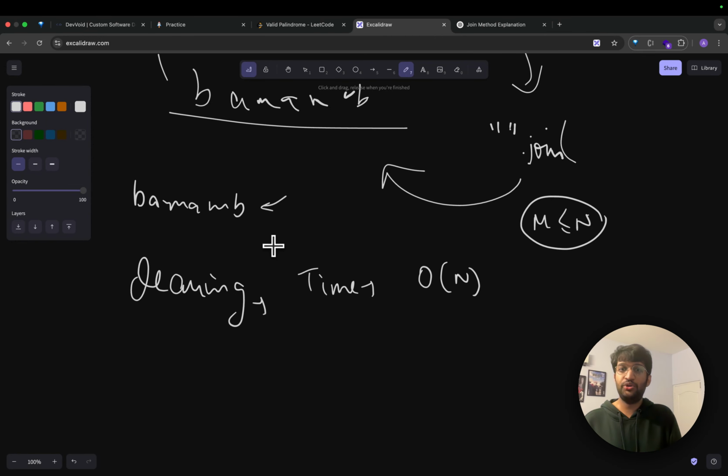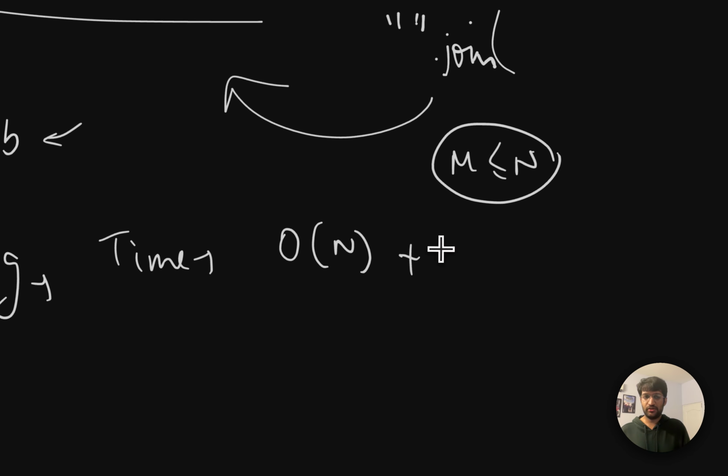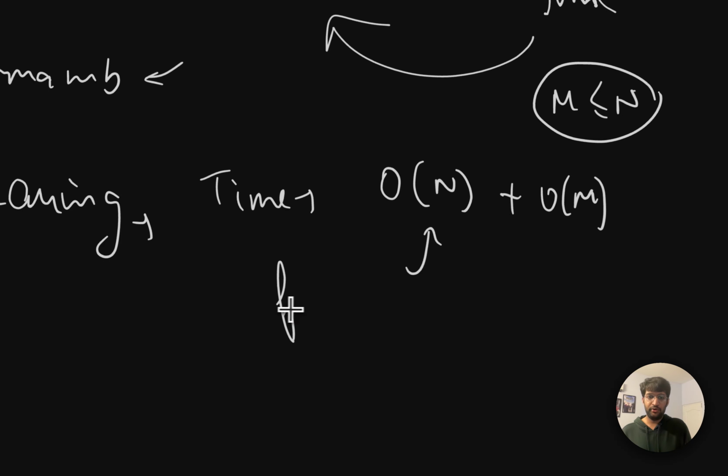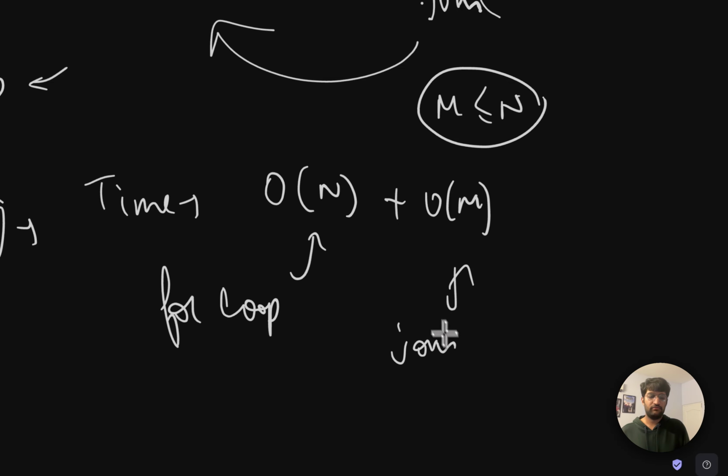Then we're good to go already. So, well, that's good news. But that's not so good news for us because the time complexity becomes O of m here for joining. This was for the for loop, and this was for the join condition.